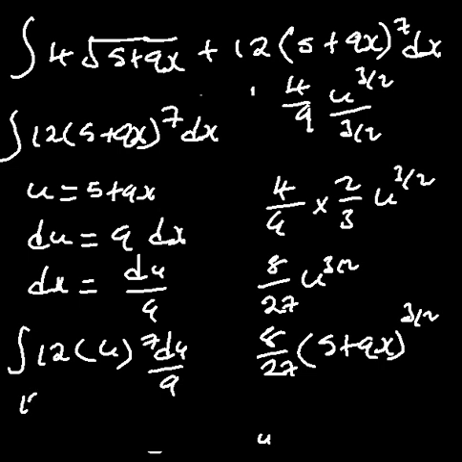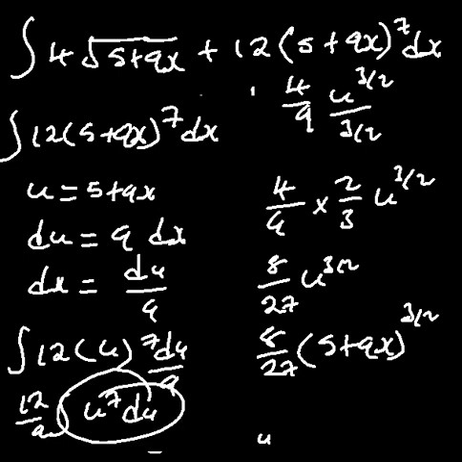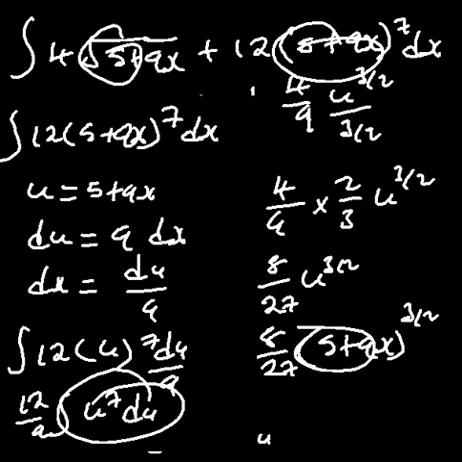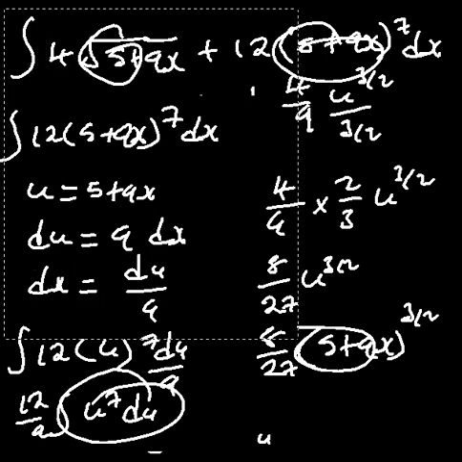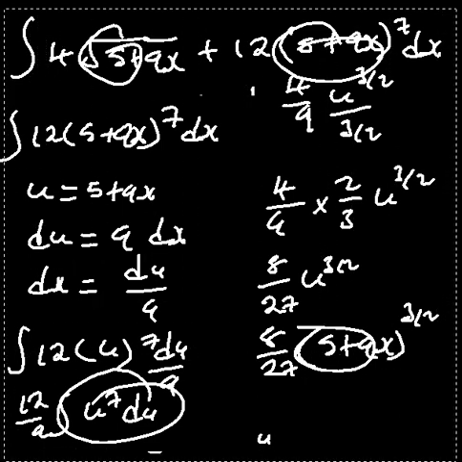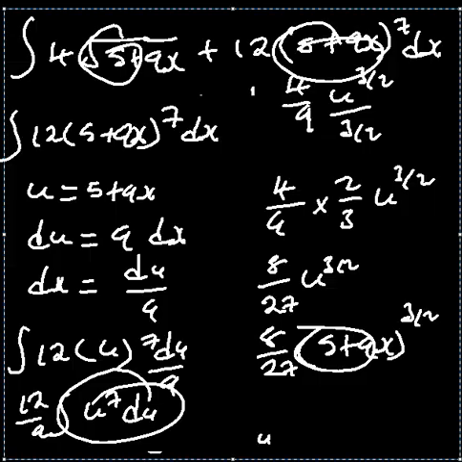So that will be given as 12 over 9 times the integral of u to the power 7 du. And do the same, the same way we have done it before. Then you substitute here and this here. You know, there will be plus c at the end, because we do not have the actual limits there. That is an indefinite integral. Therefore, you include plus c at the end.